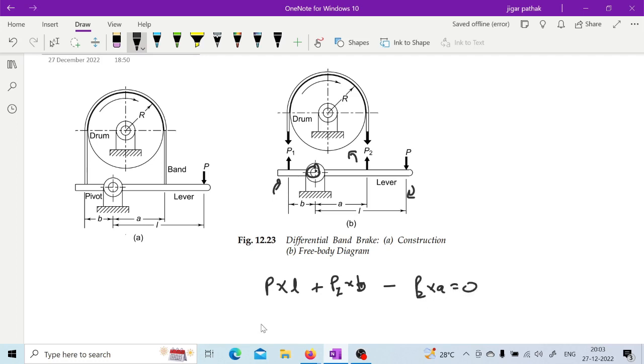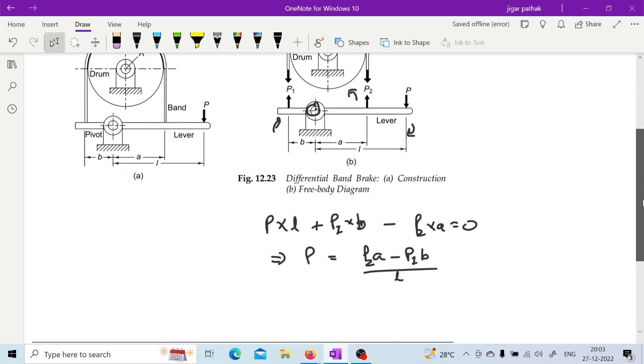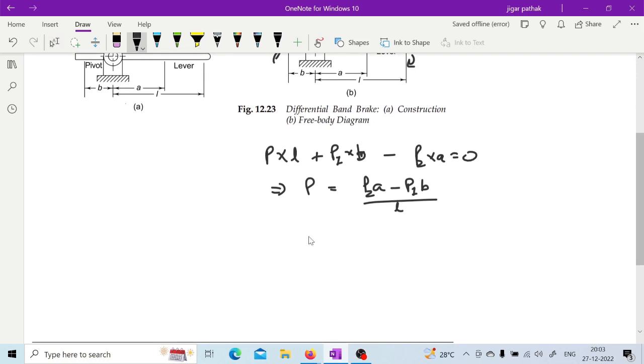So from this you can write this effort which is required can be given by this P2A minus P1B divided by L. Now here also, if you further simplify it, then you know that P1 is given as P2 e raised to mu theta.